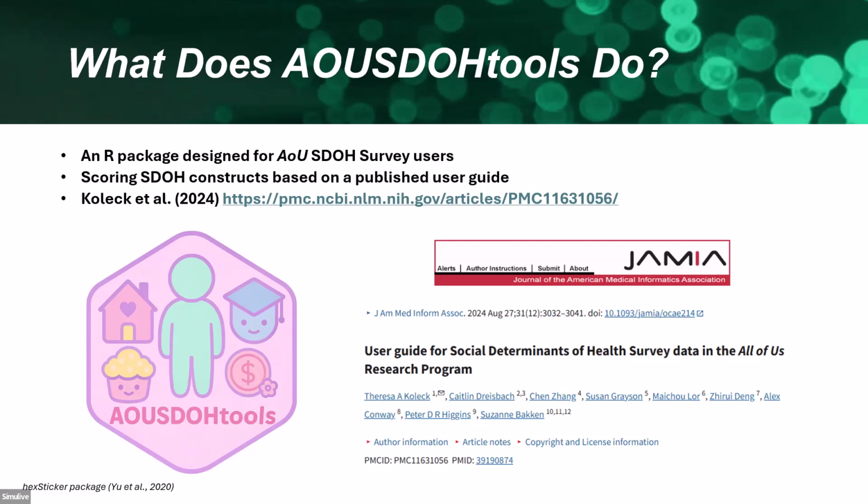And I have to say, it also comes with a very cute hex sticker, in case you're a sticker person like me. The symbols on this sticker represent housing, education, food, and income. They're key components of social determinants of health. So basically, you plug in your raw survey data and get back ready-to-use SDOH scores.